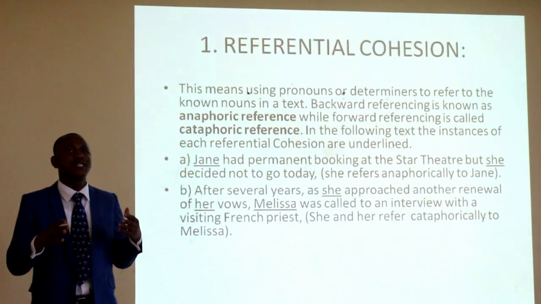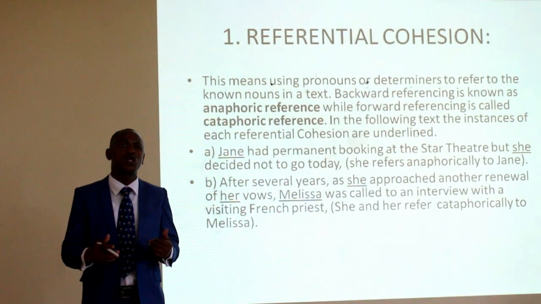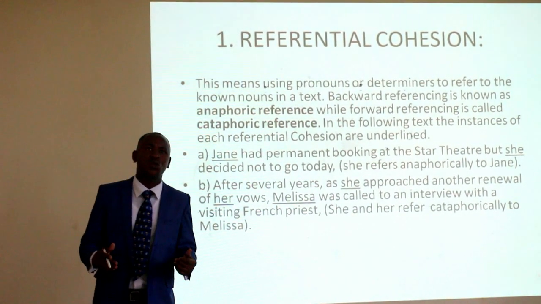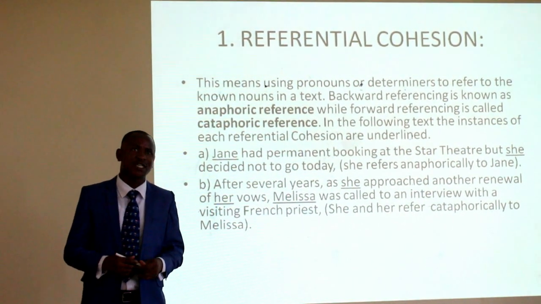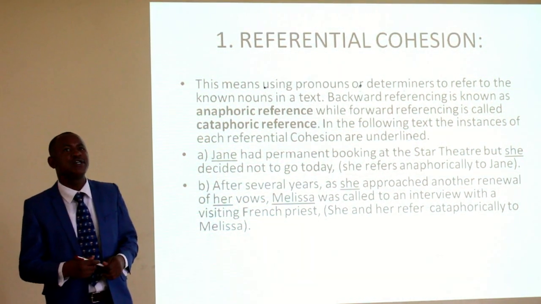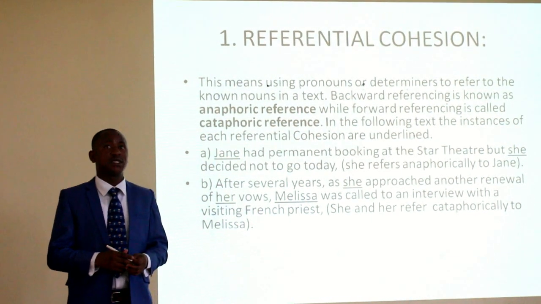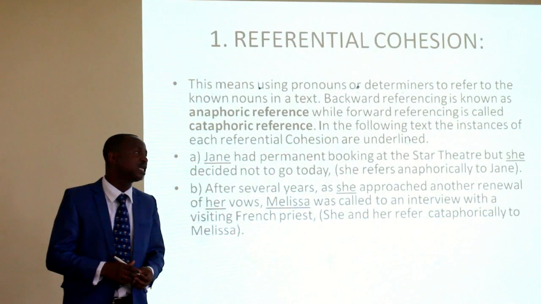This means using pronouns or determiners to refer to the known nouns in a text. Backward referencing is known as anaphoric reference, while forward referencing is called cataphoric reference. In the following text, the instances of each referential cohesion are underlined.